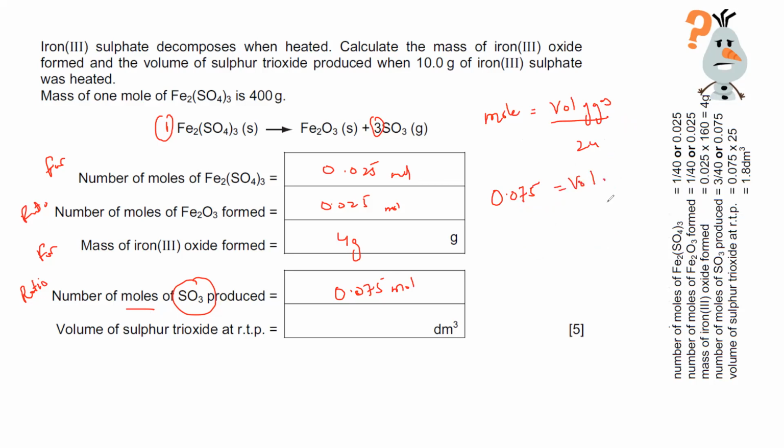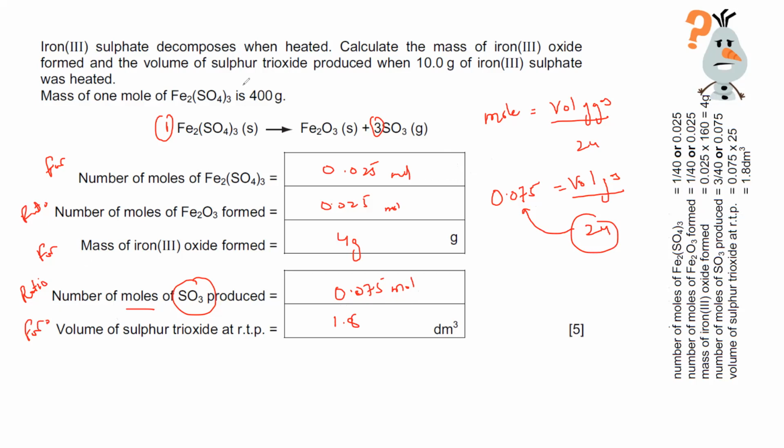Volume of the gas is unknown, divided by 24. This 24 is divided, on the other side it will be multiplied. So 0.075 multiplied by 24, it will be 1.8 decimeter cube.